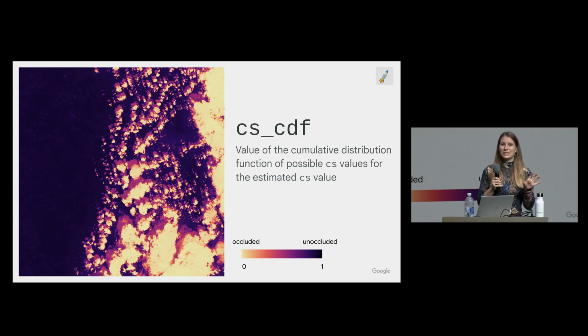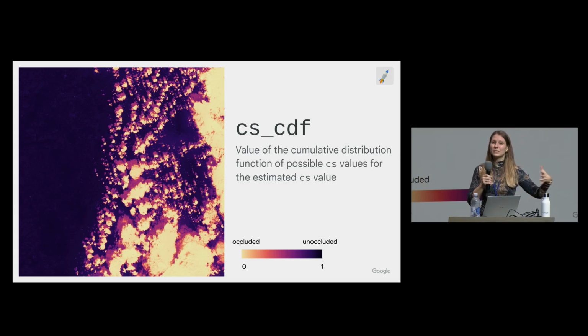In other words, think of it more as a likelihood of cloud. If you've worked with the original simple cloud score algorithm, this is given a whole set of scores for a stack of images. Where do I think that score of the given image falls in that range of possible values?